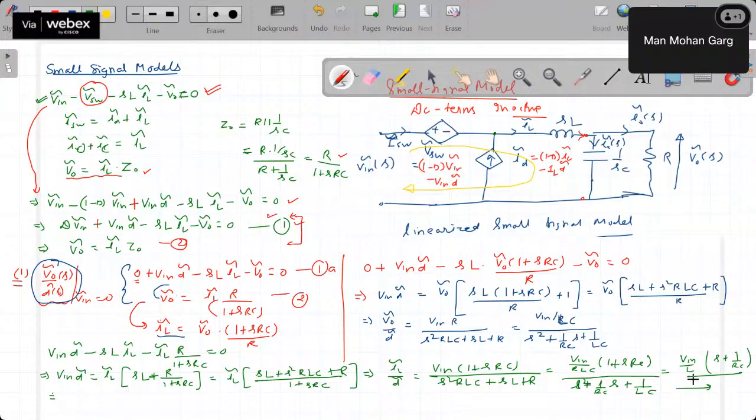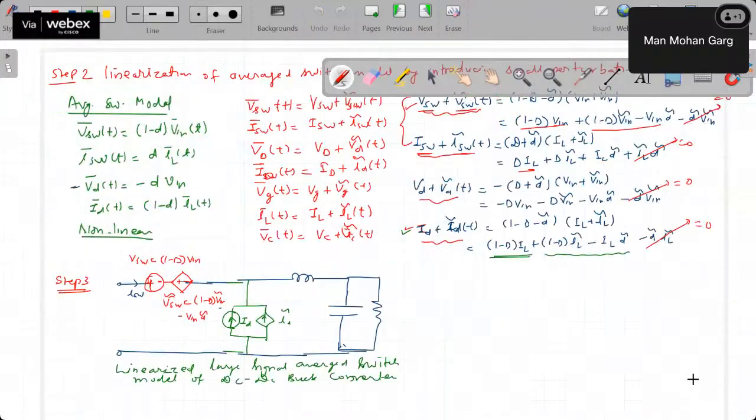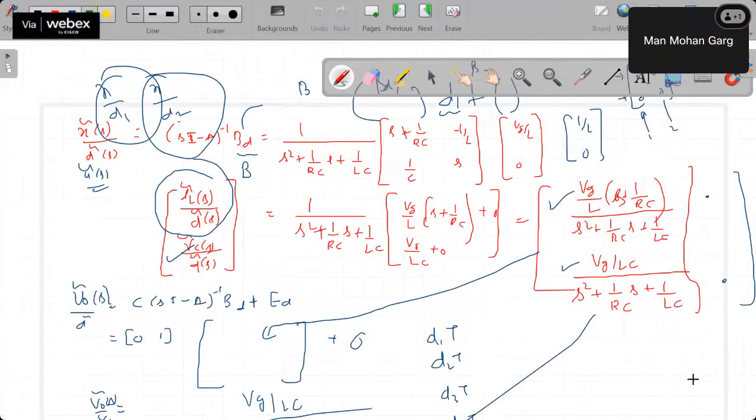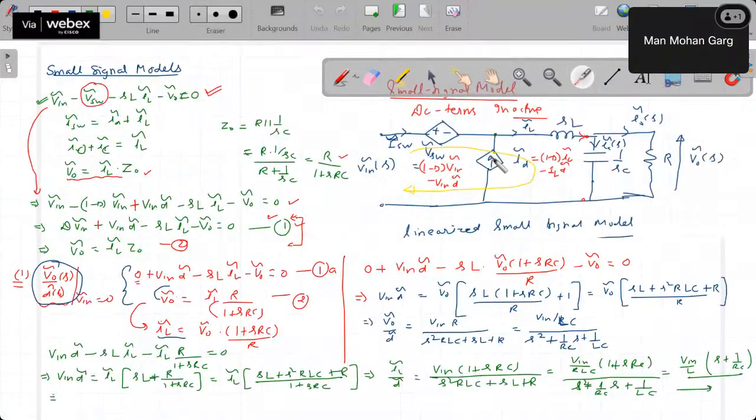So V in upon L, S plus 1 upon RC. You can see here that the same term we are getting there. Okay, so this is the first one.